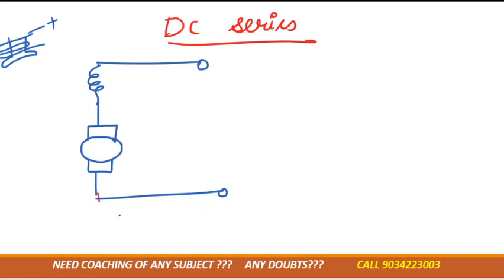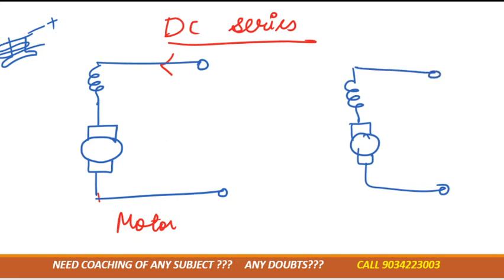If it is the case of a motor, then the current is moving inside. For a generator, I am drawing the same diagram: field winding and armature both connected in series. In a generator, the current is moving outside. Why?